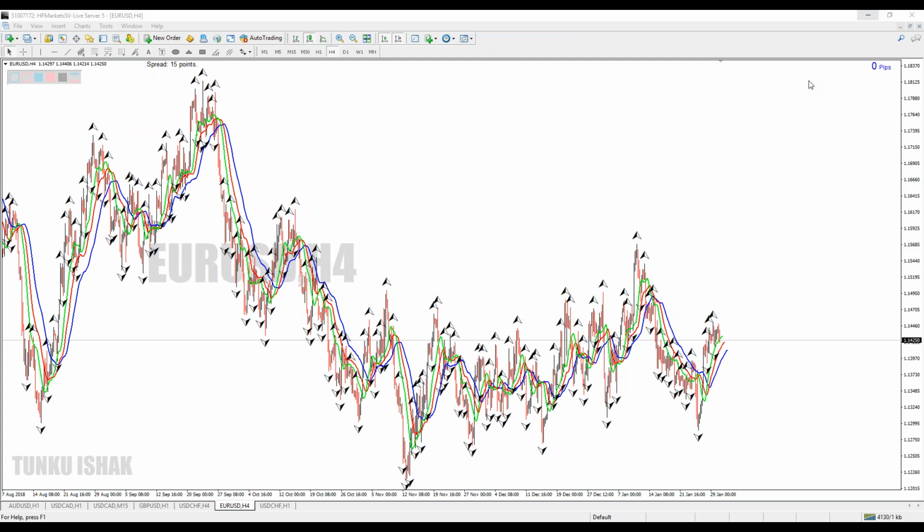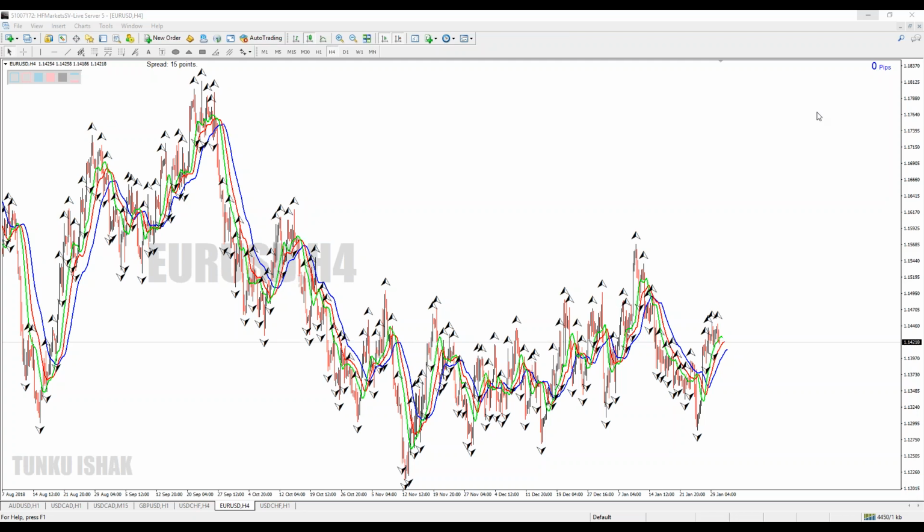Okay, you must remember one thing. The main purpose of the alligator is actually to identify the trend. Because why?